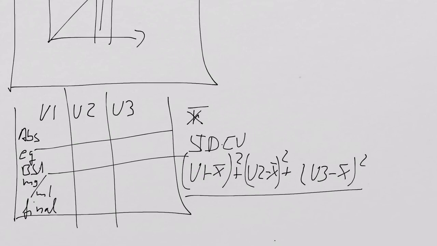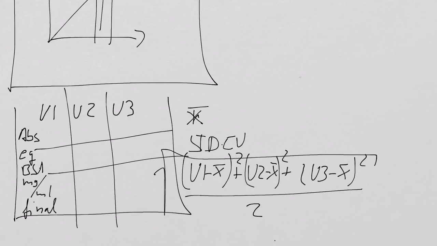For sample it's 2. For population it's 3. Divided by 2, and we do the square root of that. That gives you the standard deviation.